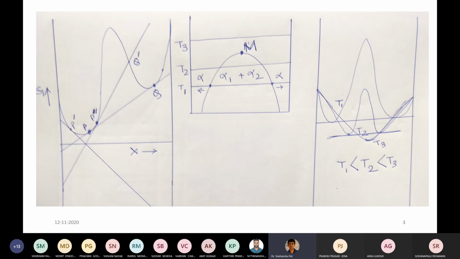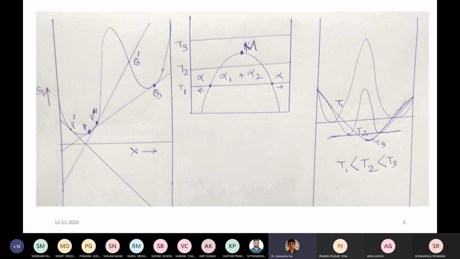So if you look at this kind of scenario, you can see that alpha 1 plus alpha 2 phases can be seen. Now if you slowly increase the temperature from T1 to T2, what will happen? The phase separation region will be reduced. And how is it reduced?